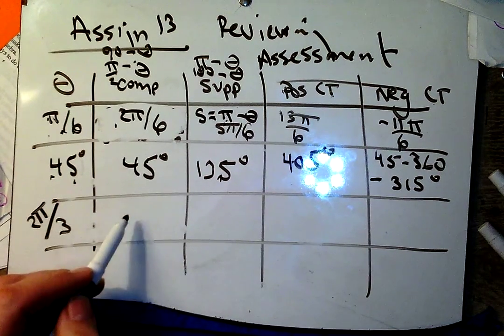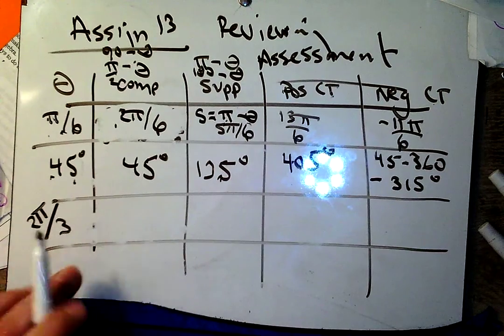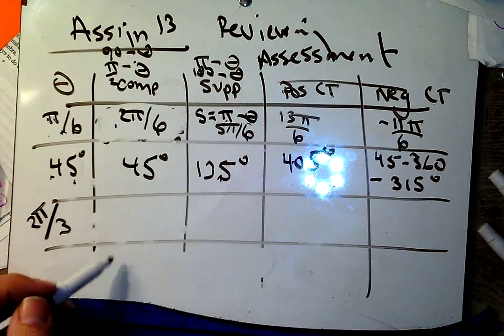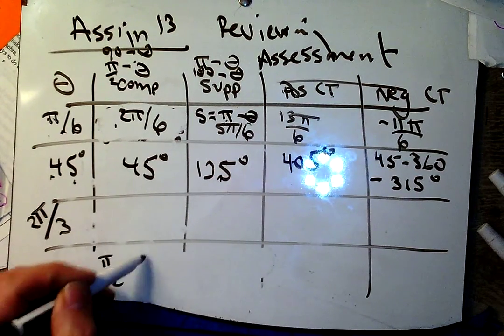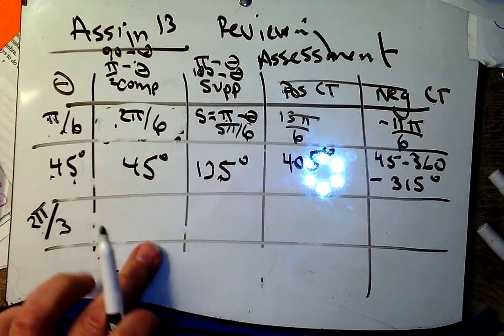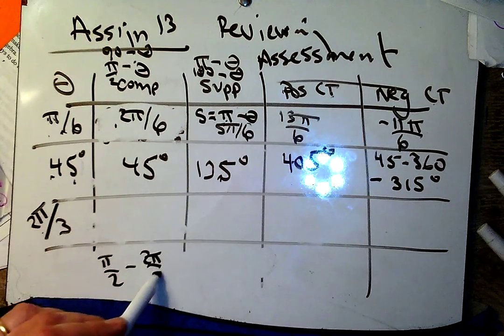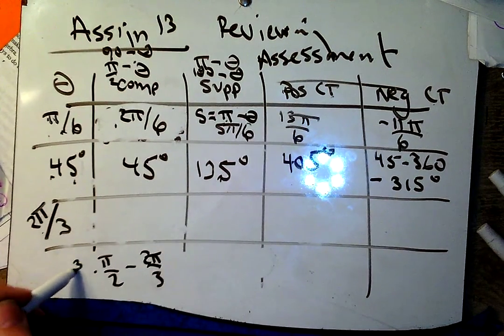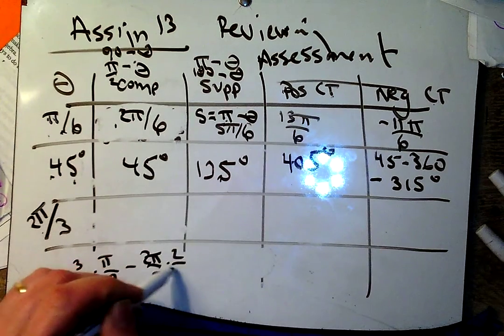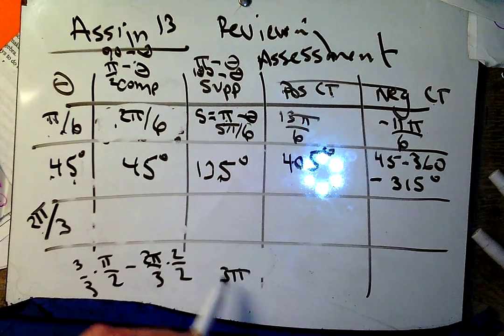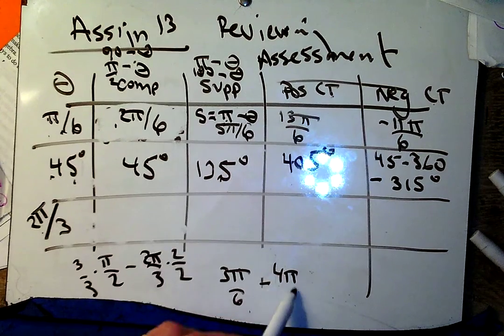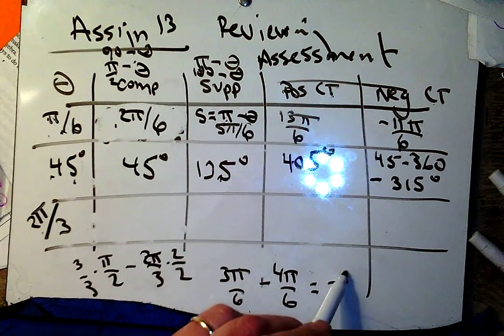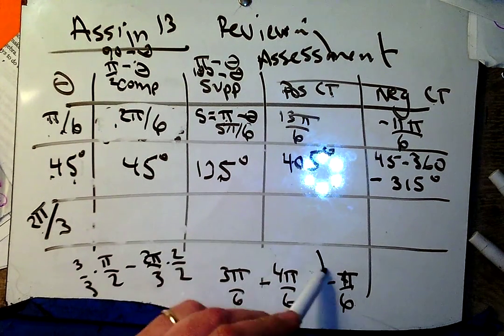Yeah, it doesn't surprise me that you're a little troubled by that. So if I use pi over 2 minus theta, and my theta is 2 pi over 3, when I make a common denominator, I see that I'm doing 3 pi over 6 minus 4 pi over 6, and that's negative pi over 6.